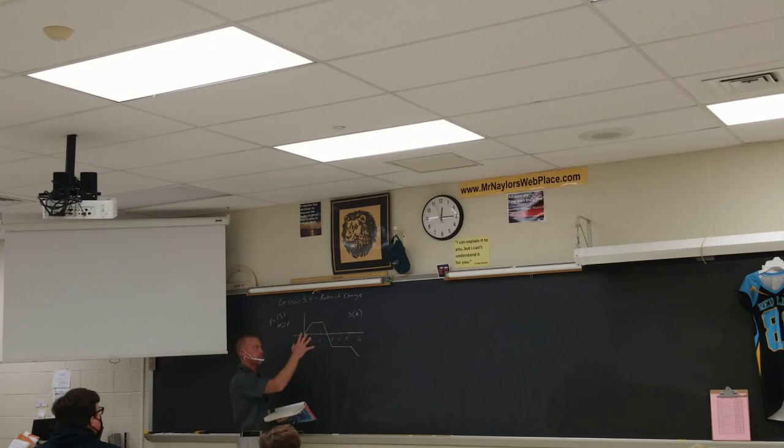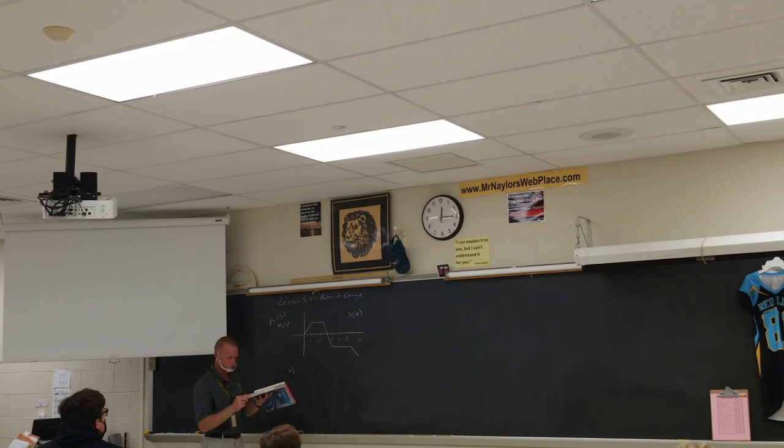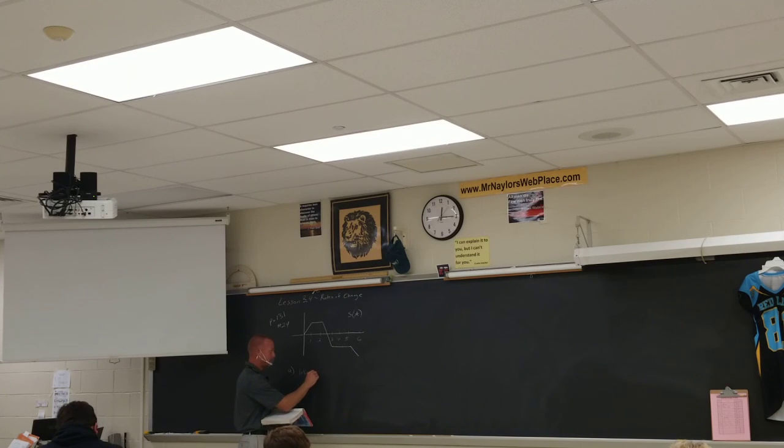Okay, so this is a position graph, but question A is really a question about slope, because when you're moving to the left, you're supposed to have negative velocity, which means negative slope. When you're moving to the right, you're supposed to have positive velocity, which of course means positive slope.